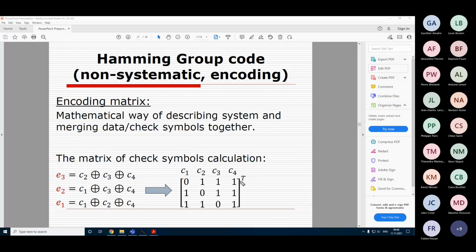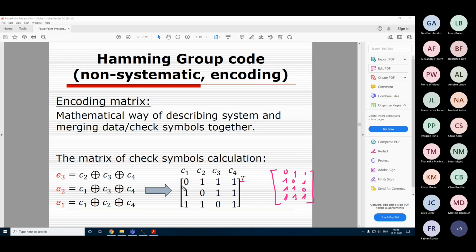This is actually a transpose symbol, meaning that what we would like to have is the transposed version of this matrix, which is accordingly this matrix. Yes, 1, 0, 1, 1, and 1, 1, 0, 1.